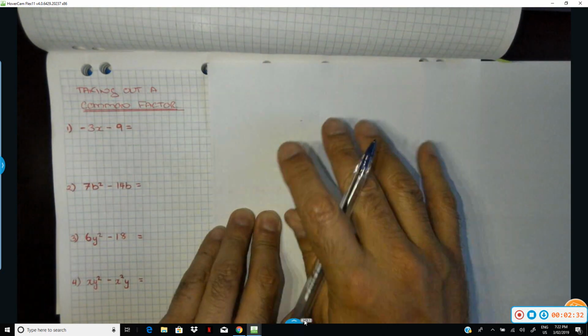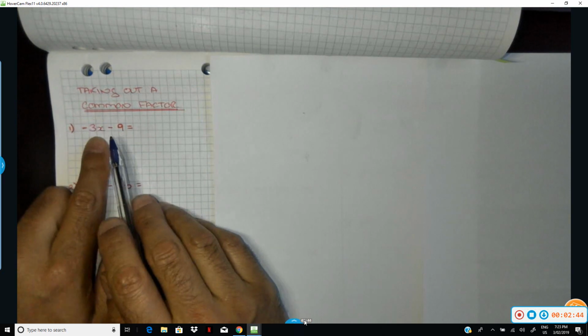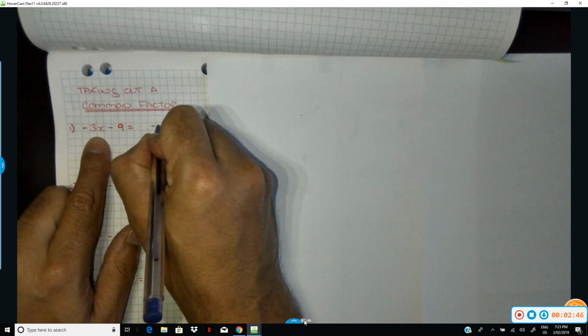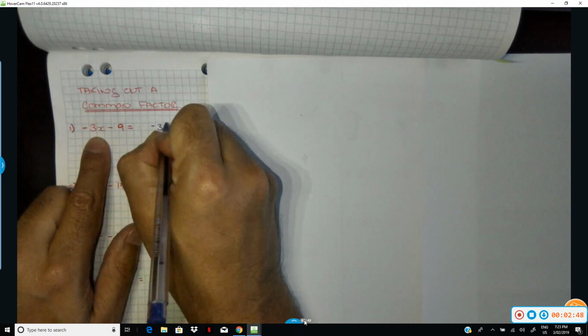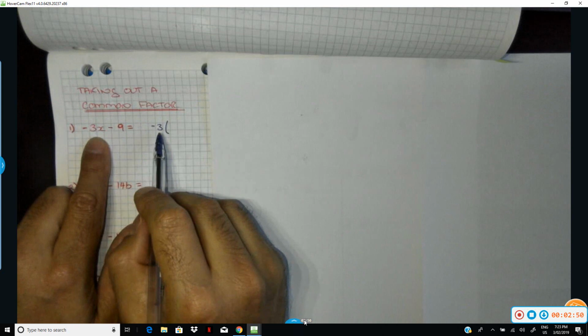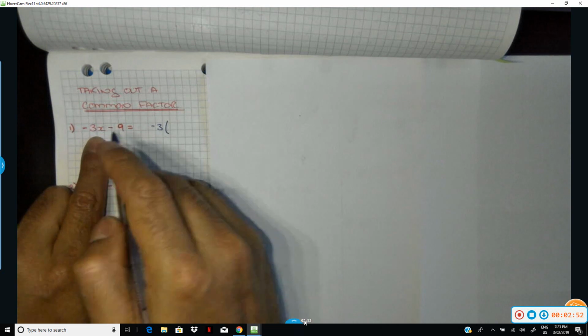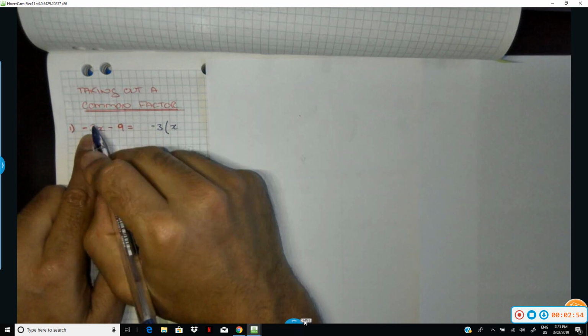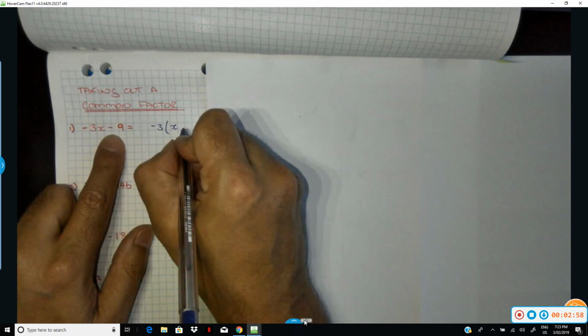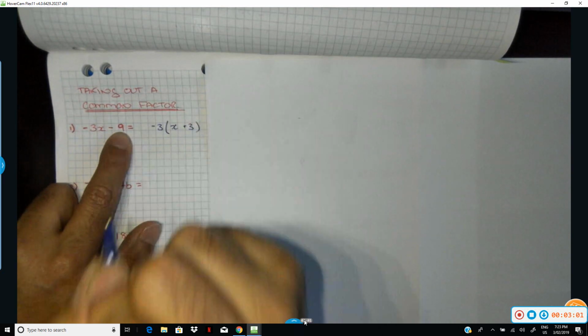Factorizing by taking out a common factor. Here's an expression, -3x minus 9. Negative 3x is one term and negative 9 is one term. The common factor is obviously -3. Take that out, open the bracket. I have to times -3 by x to get -3x, and I've got to times -3 by 3 to get -9.